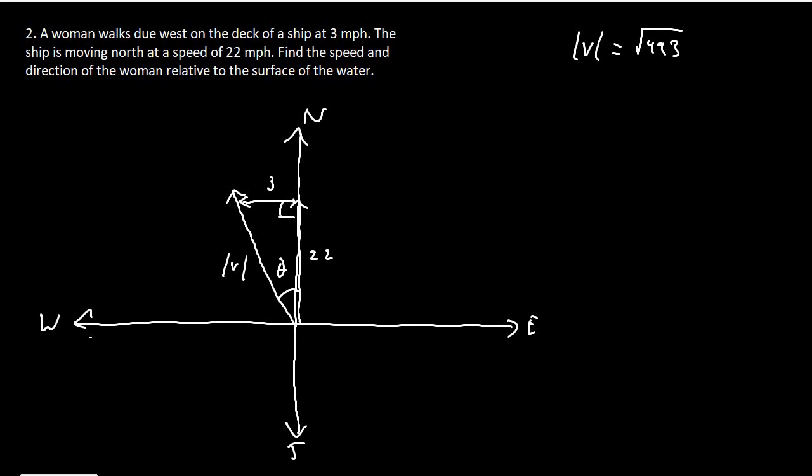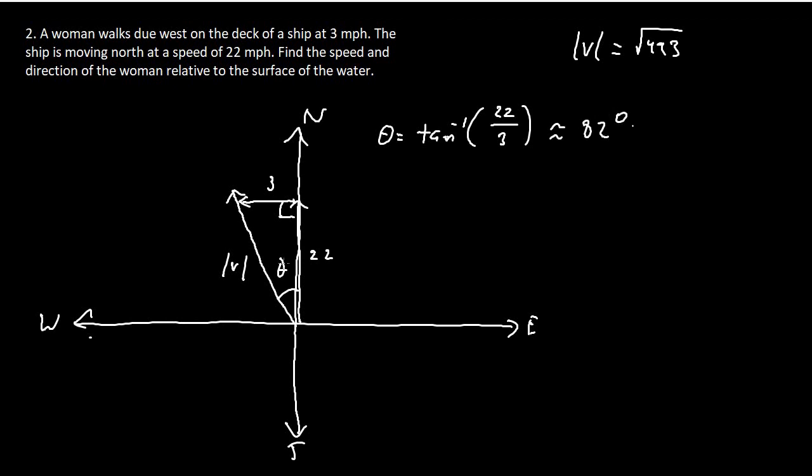So make sure you switch your graphing calculator to degrees when you calculate this. And remember that theta is going to equal inverse tangent or arctangent of y over x. So our y value here is 22, and our x value is 3. So we just take 22 over 3. And so the answer you get is around 82 degrees.